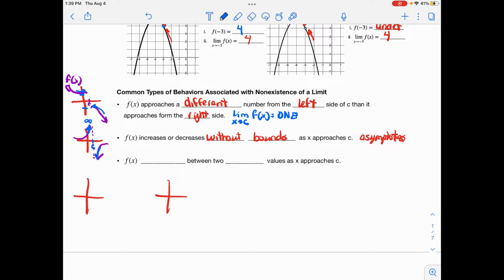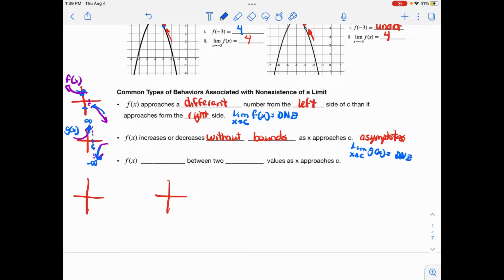As I'm going to the right of c, it's approaching negative infinity. So it's decreasing on the right-hand side without bounds, and on the left-hand side, it's increasing without bounds. And so, therefore, we can say, we'll call this g of x, the limit as x approaches c of g of x does not exist.